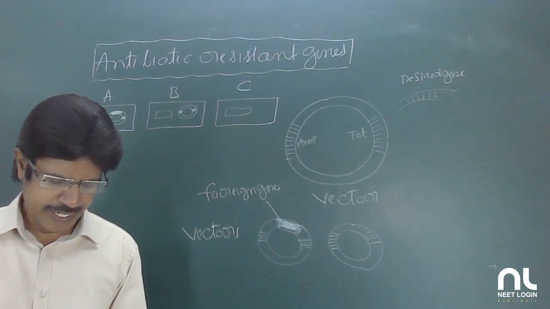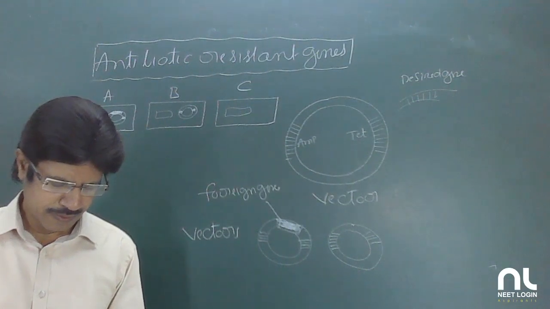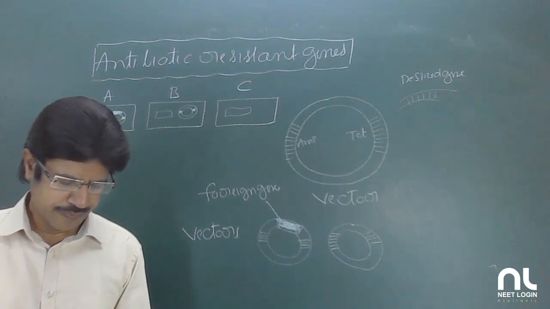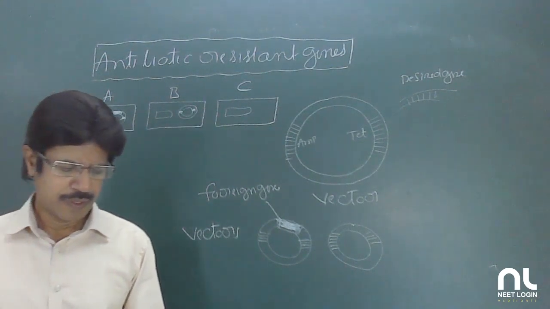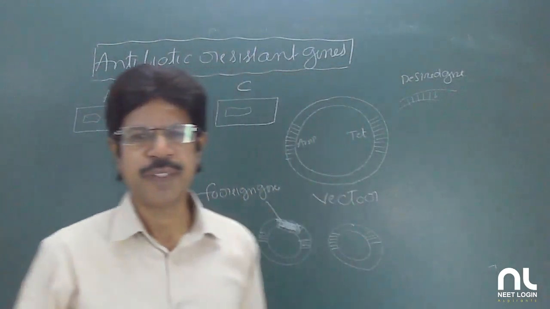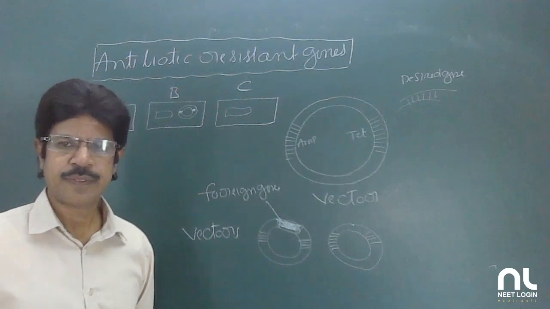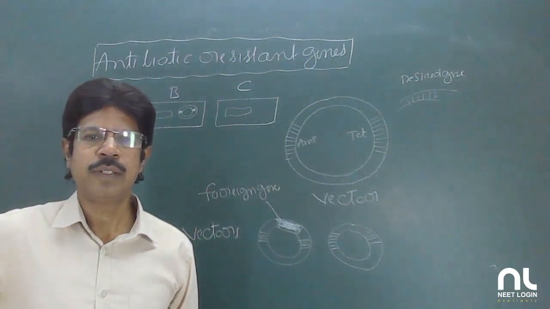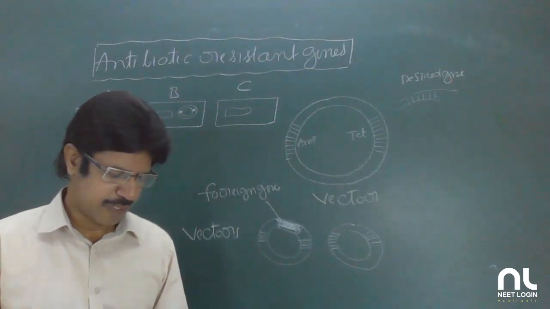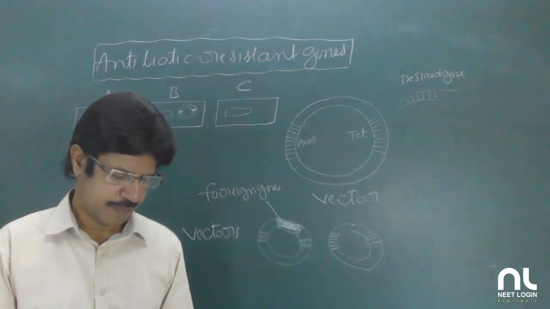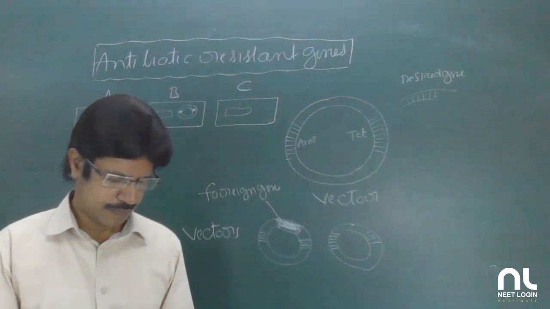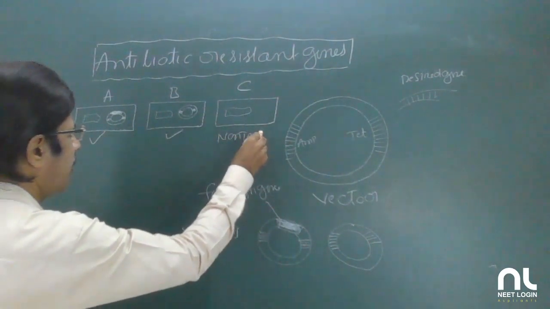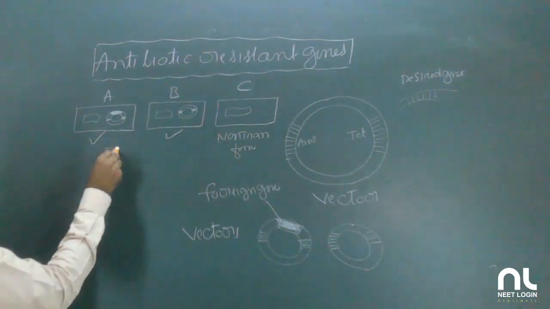A, B, C, which are transformed. Yes, A and B are transformed, and C is non-transformed.